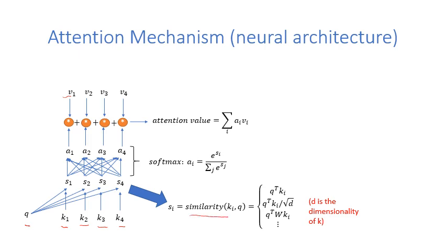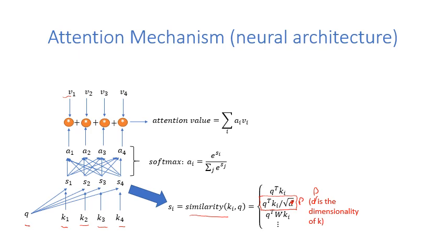And similarity measure could be different things, but in transformer, usually we are using this as a similarity measure, which is basically dot product between query and key, our two vectors, and then divide by the dimensionality of the vector. So in our notation, actually, the dimensionality of vector is P, not D. Okay, that should be P.